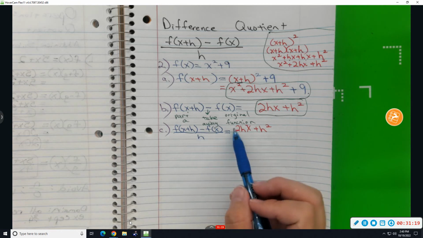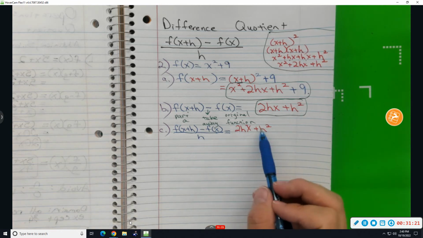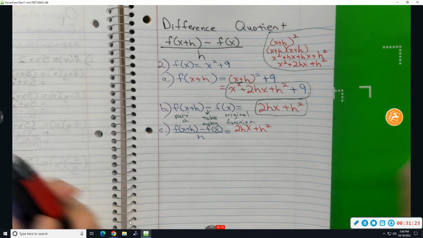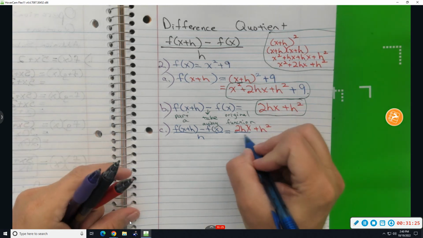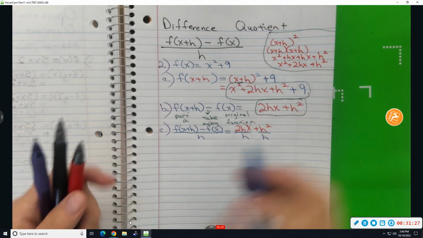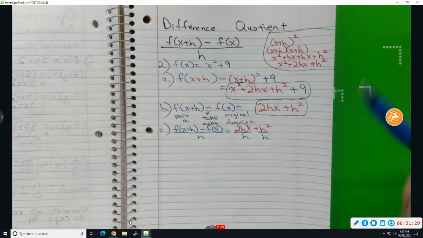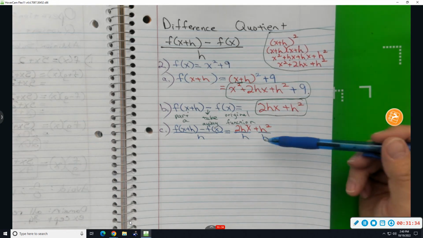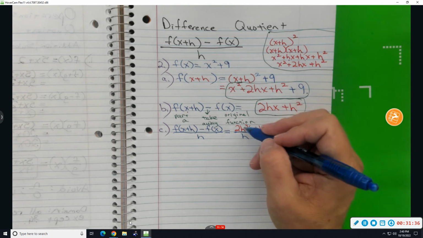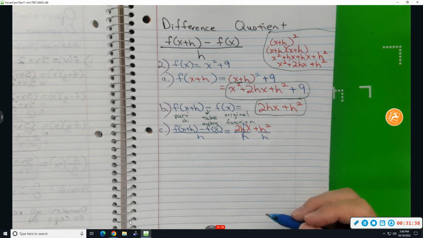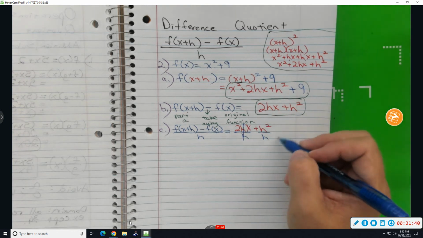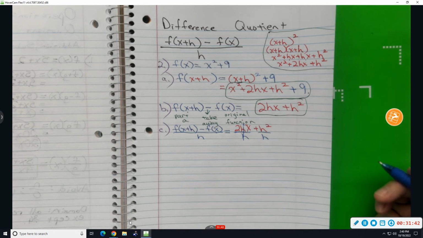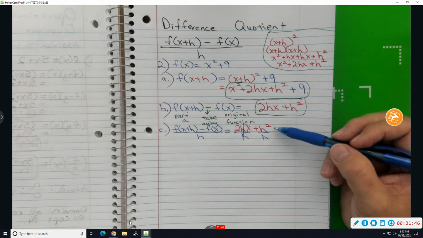The quickest way to divide a sum or difference by h is just to divide each term by h. So put each of those over h. You take what you have here in part B, you divide each term by h. Well, that h there cancels out. What are we going to be left with here in this second term? Can you cancel anything here?